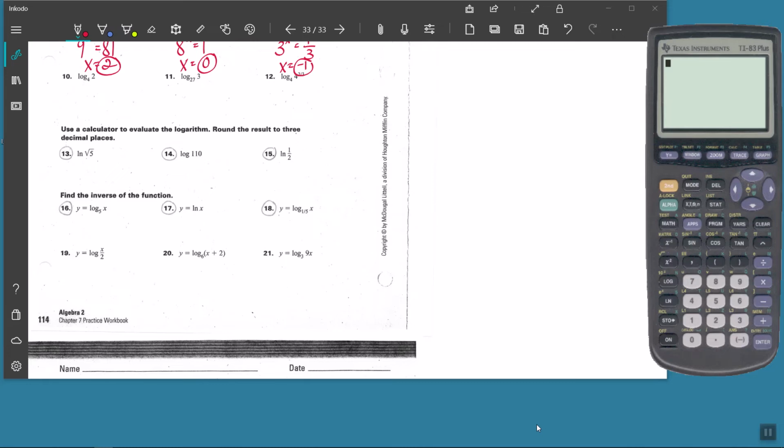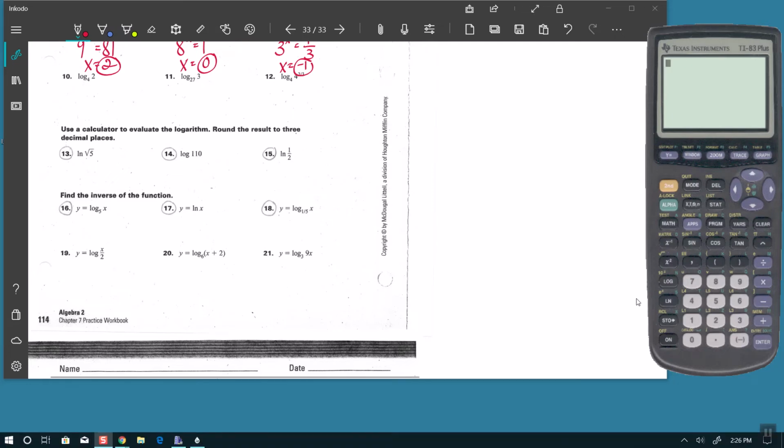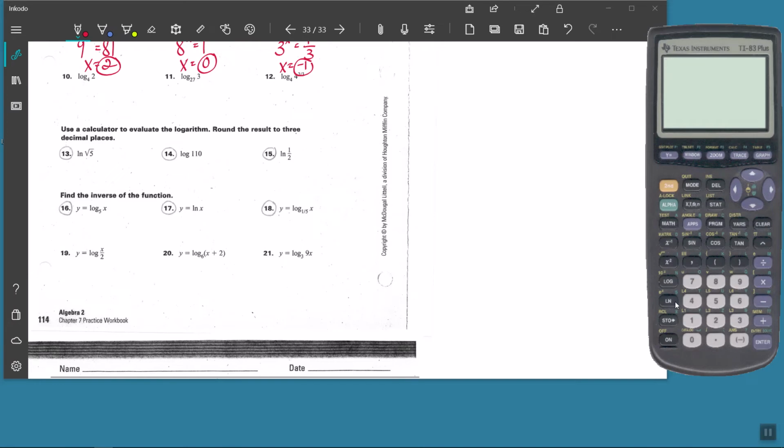And what that is referring to is a logarithm that has a base of e. So that was Euler's number that we talked about in the last lesson. It has the value of 2.71 and keeps going. That's what that ln stands for. On your calculator, it's right here.